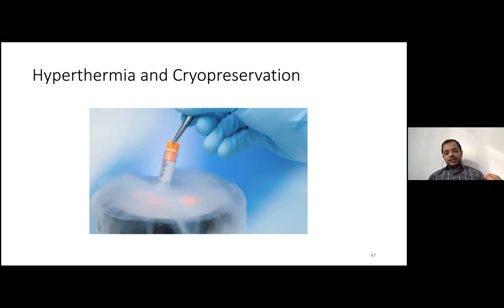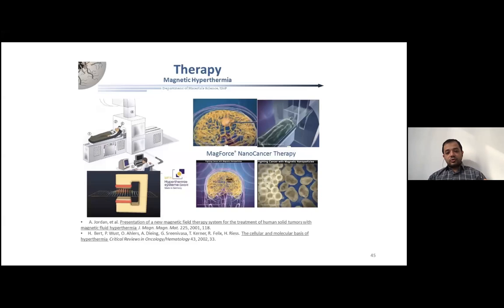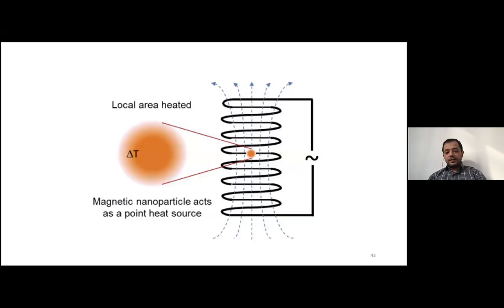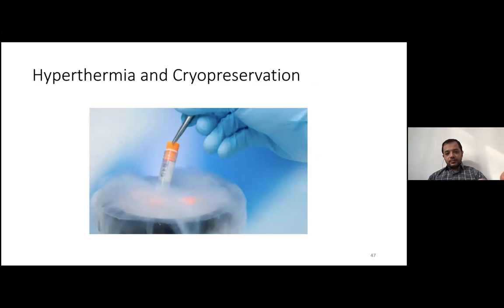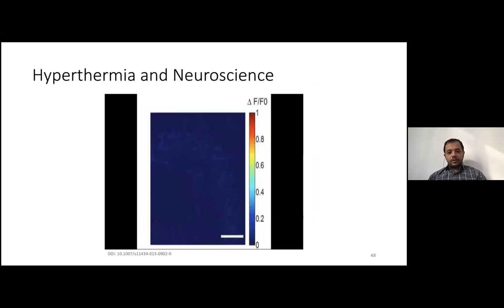So the idea is to incorporate magnetic nanoparticles inside the tissue, and then place the tissue in the alternating magnetic field. Once you do that, the heat generated from the nanomaterial will help thaw the tissue faster and more uniformly, right?